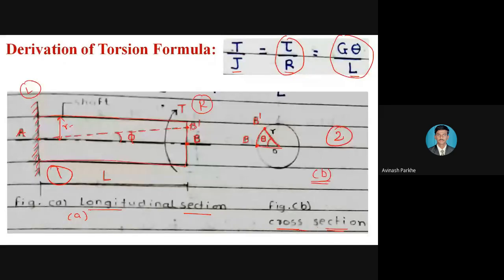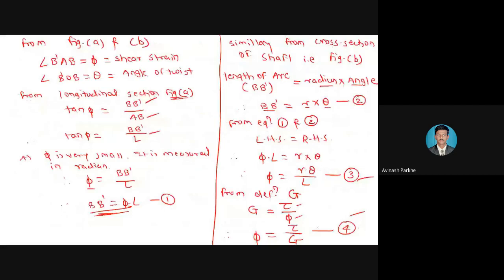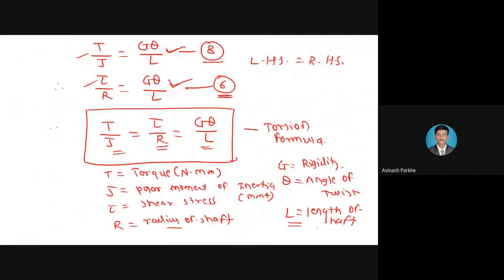So this is the derivation of the torsion formula. Only one derivation is there in this chapter, that is the torsion formula. T upon J is equal to tau upon R is equal to G theta by L.